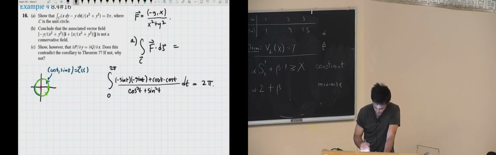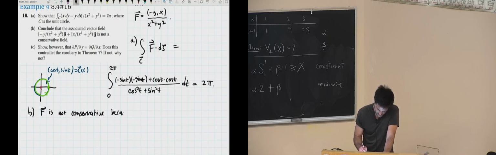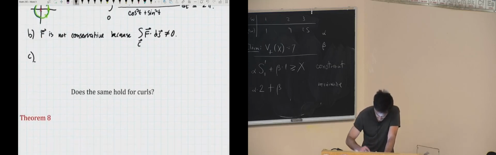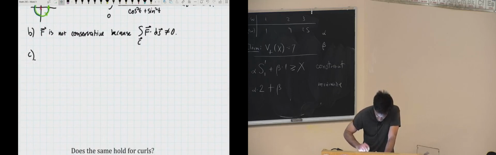So F is not conservative because the integral around a closed loop was not 0. But here's the cool part. Let's check what the curl of F is.